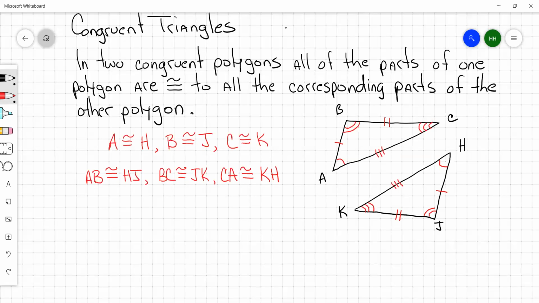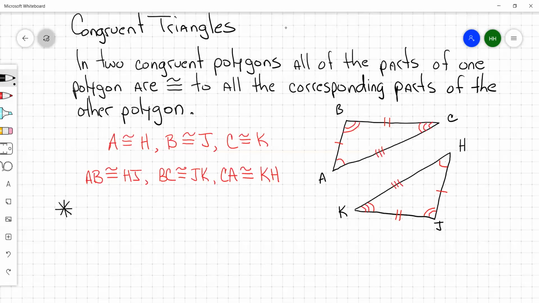Now, if you're asked to list all the congruent parts of two shapes, that's what you do. You list all the angles that are congruent, and then you list all the sides that are congruent. Okay? And then this is probably the most important part of this whole section.